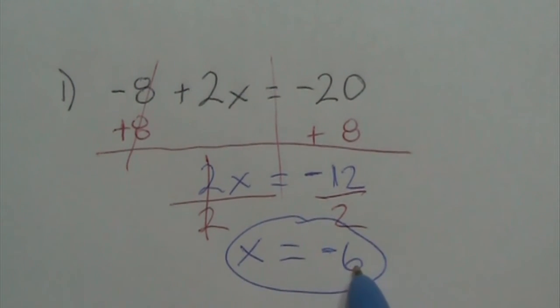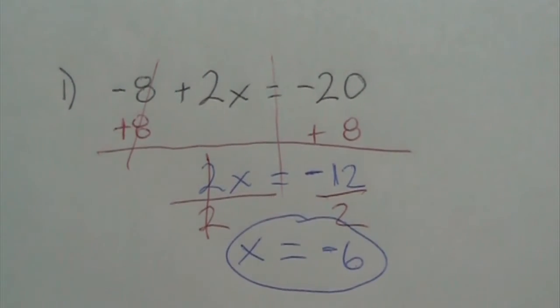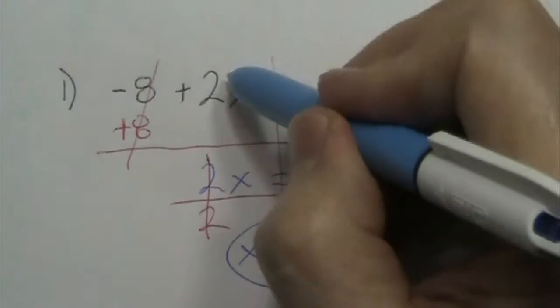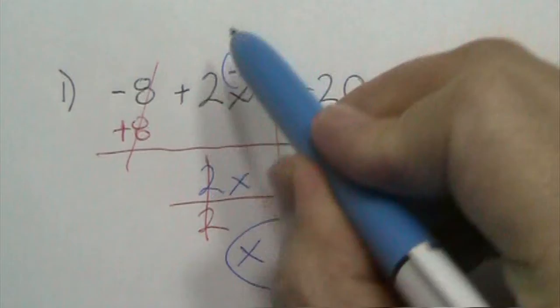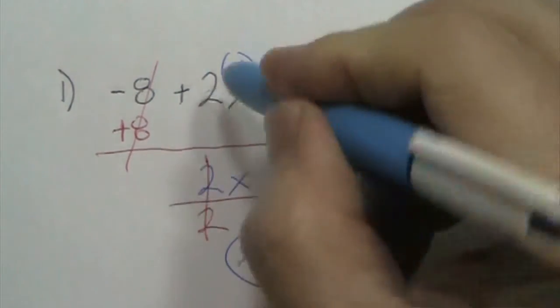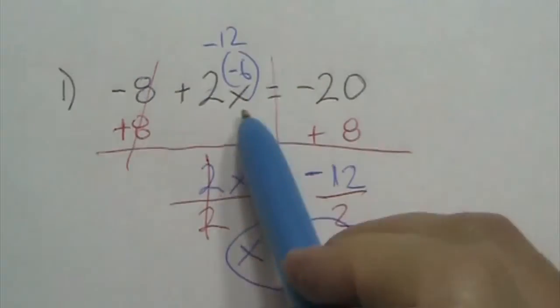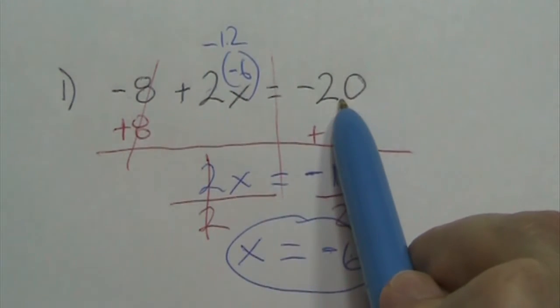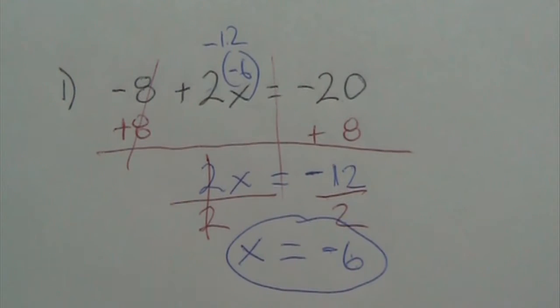To check it, place this back in there to see if it works. If I place -6 right there, this becomes -12. And -12 and -8 makes -20. It works.